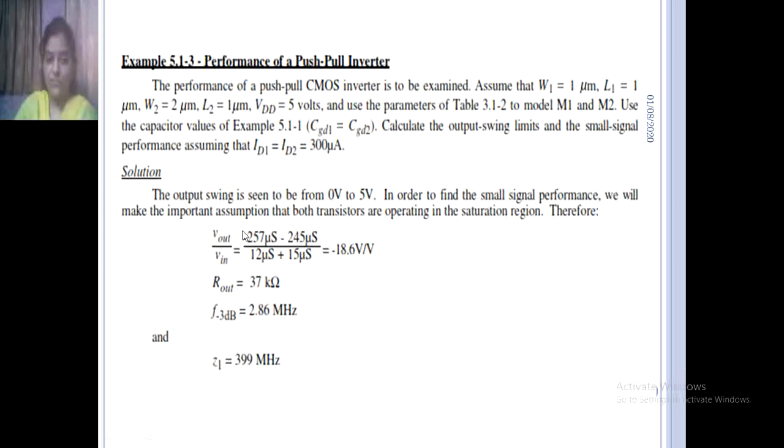Therefore, Vout by Vin is equal to 257 microsiemens minus 245 microsiemens divided by this, where the transconductance is given by the table. So directly we have put in the values and calculated Vout by Vin. Rout is given by 37 kilo ohm, and the frequency is 2.86 megahertz.